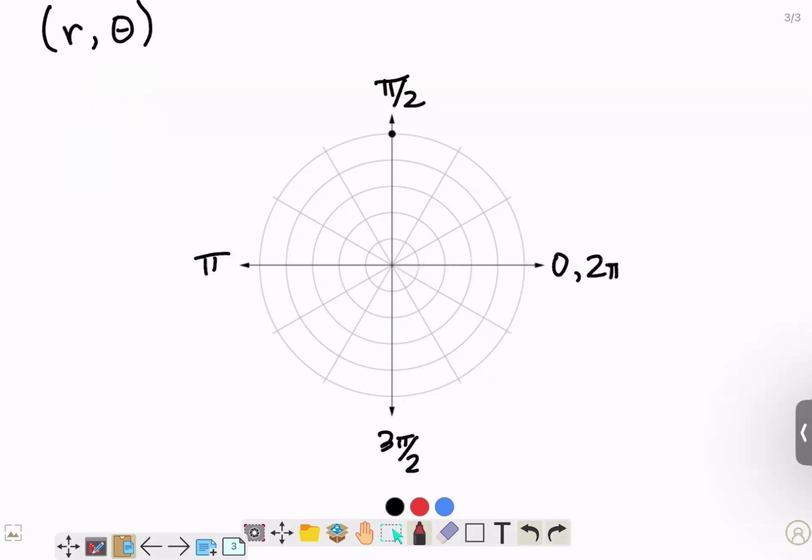So if we wanted to plot something like (4, 5 pi over 6), we would find the angle 5 pi over 6, which we know is in the second quadrant.